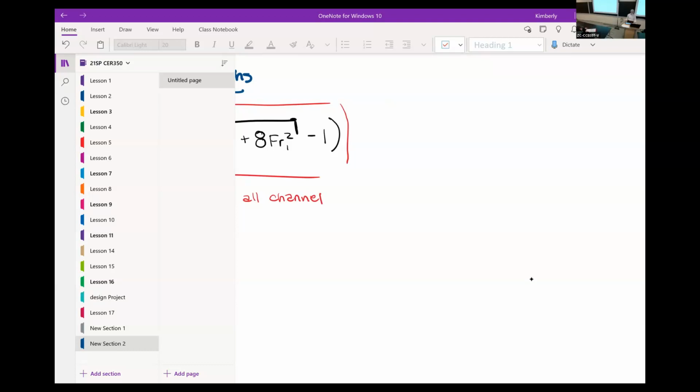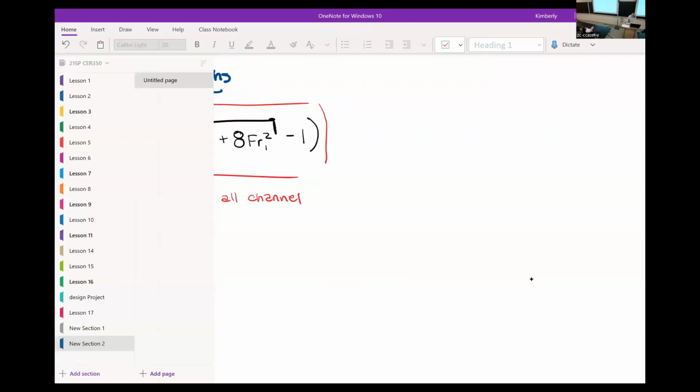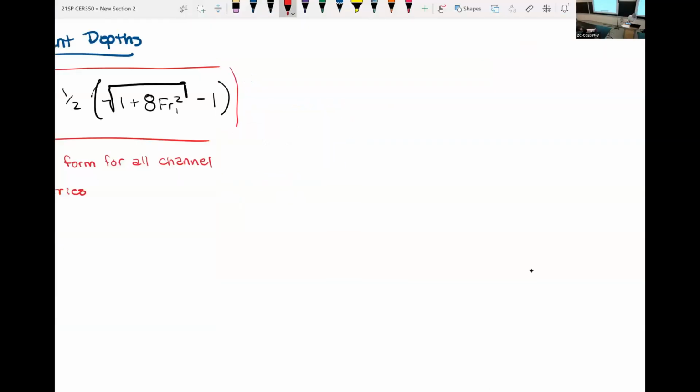Yeah, there it is, 0.28. So we found Y1 is 0.28, very shallow flow, supercritical flow condition for sure. And now we want to find the sequent depth. What's the depth going to be after the hydraulic jump occurs?